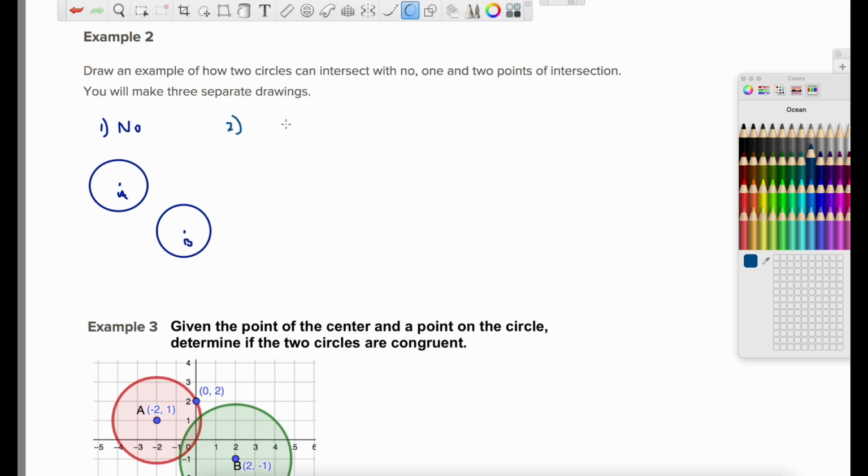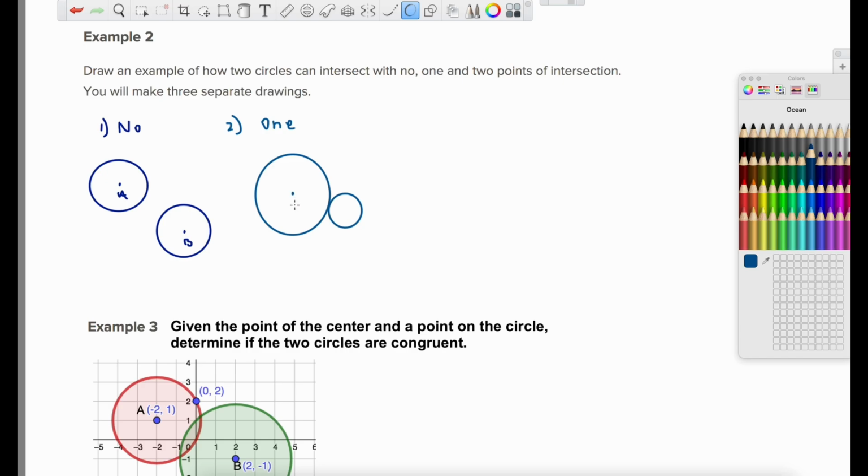2, 1 intersection. So if they have one intersection, what does that mean? They have to be tangent to each other, right?